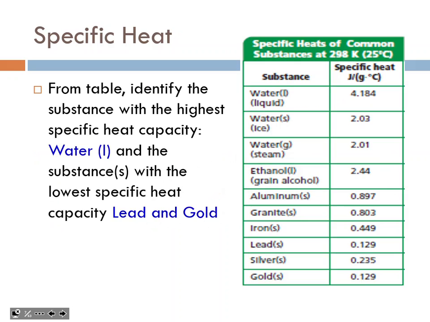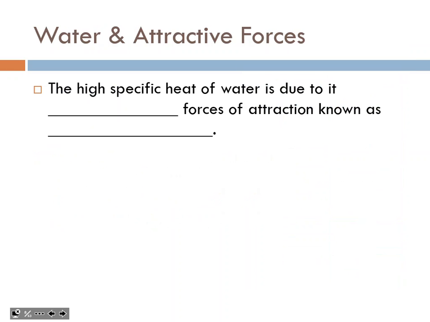Okay? So the high specific heat of water is due to blank forces of attraction known as, what are the forces of attraction for water? Anyone? It is a polar molecule, but what are their intermolecular forces of attraction that hold water together? So I can have a glass of water or a bottle of water that holds all those waters together.